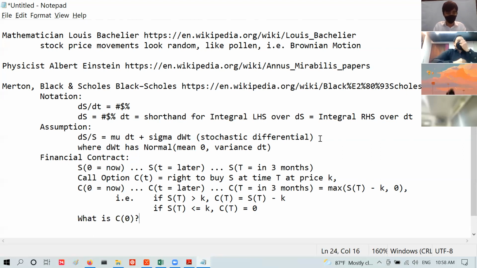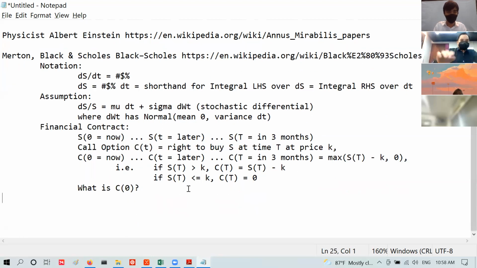This is the emergence of the technology that we're going to talk about. The question is, what is C?